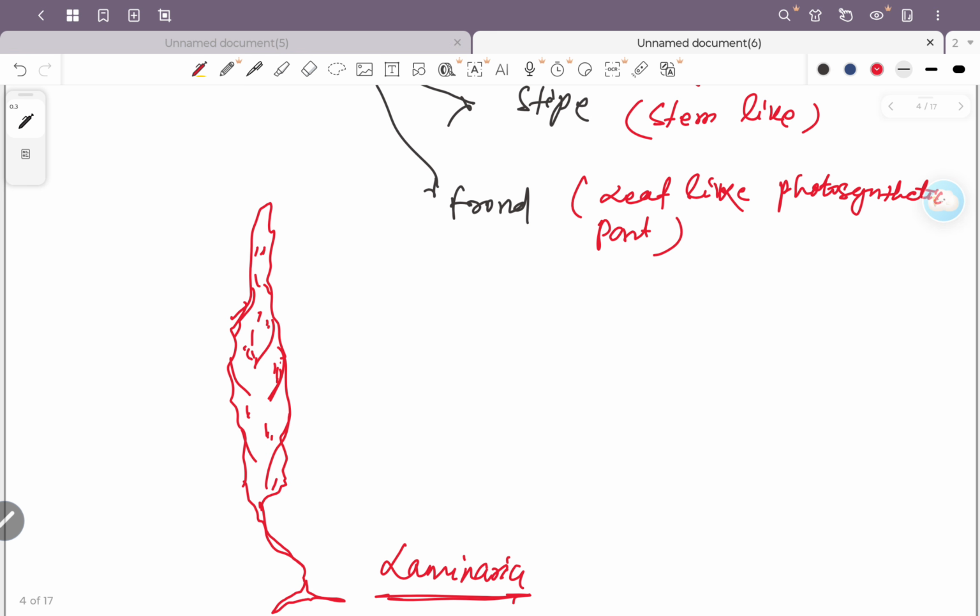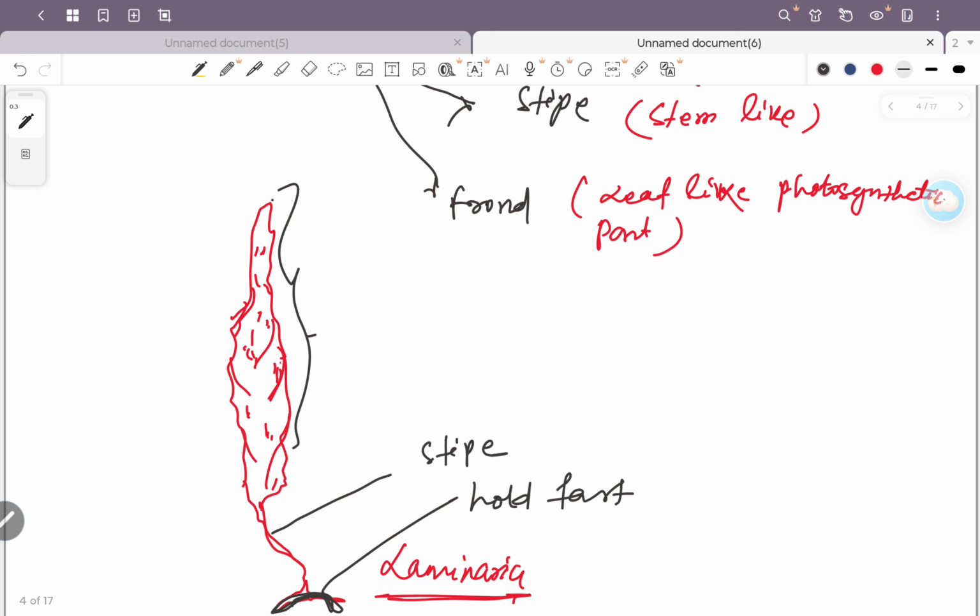This portion is the holdfast, by which it remains attached to the substratum. It remains attached to any rock. Then you can see this stalk is known as the stipe, and this portion is photosynthetic. This is called the frond, which is photosynthetic.